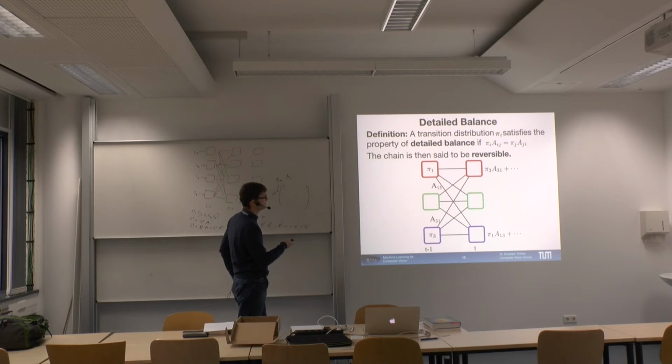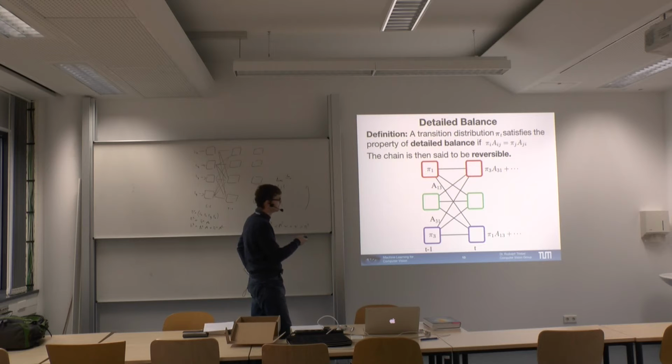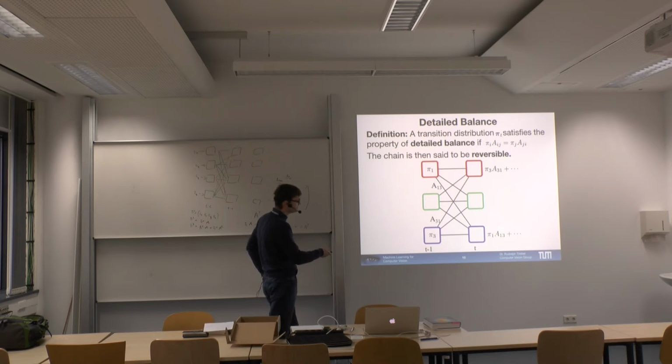And this is just the example, right? So we start in pi 1, we transition from pi 1 to pi 3 with A13. This is the A13 that we apply. And of course we have all the others here. But this is the same as going from here to here.